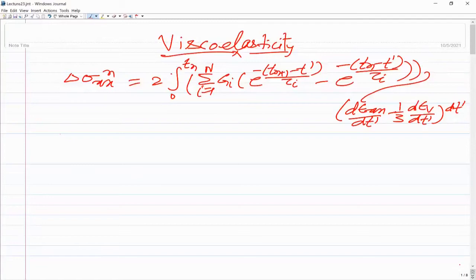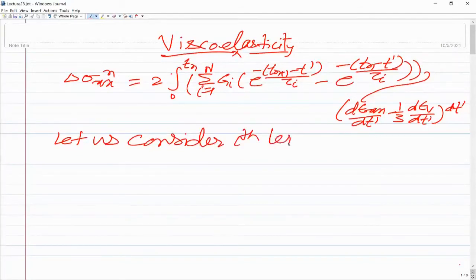For that I said let us consider the contribution of the ith term. We denote that by delta sigma xx n comma i, the ith term of this.